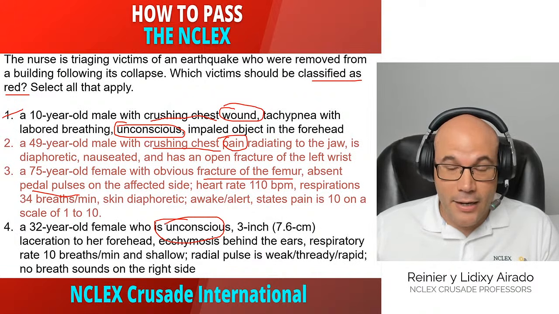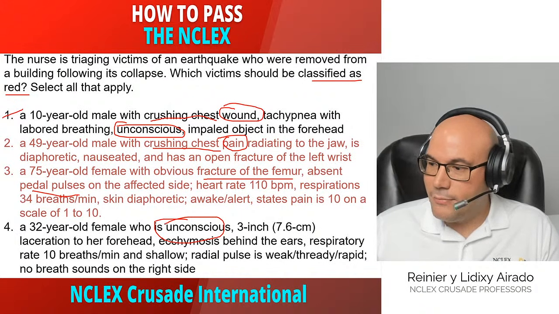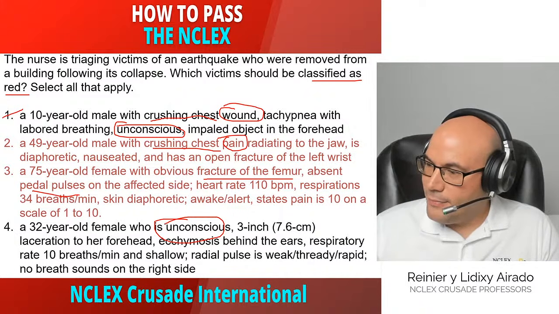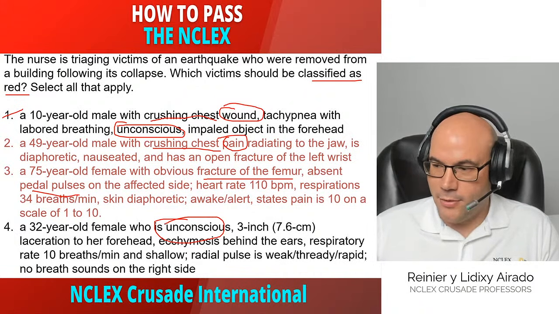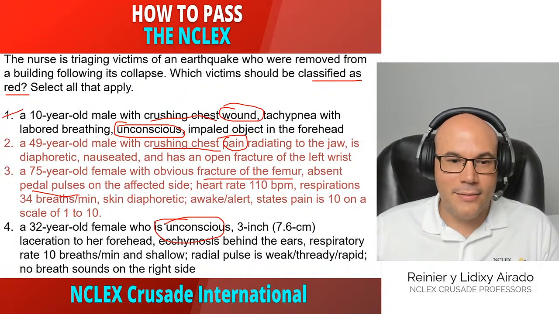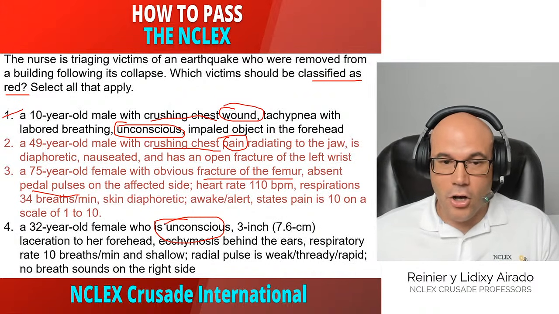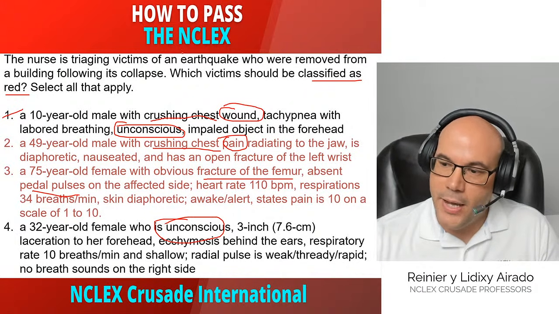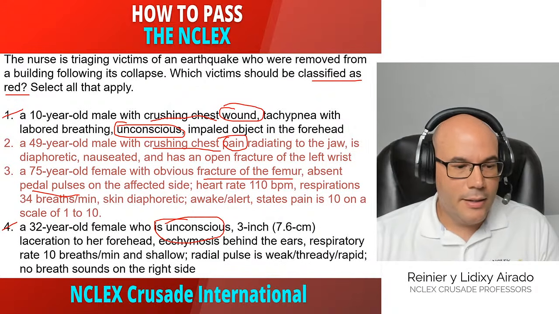Respiratory rate of 10. Not good. Shallow breathing. Rapid pulse and weak, thready. No breath sounds on the right side. This is a life-threatening condition, but low chance of survival. This will be black or expectant category.